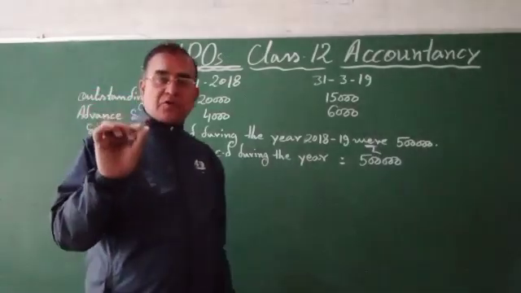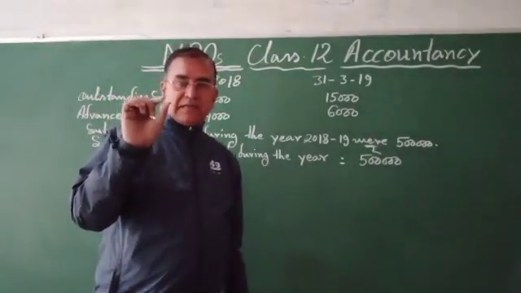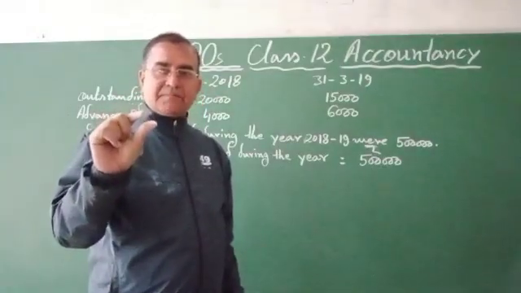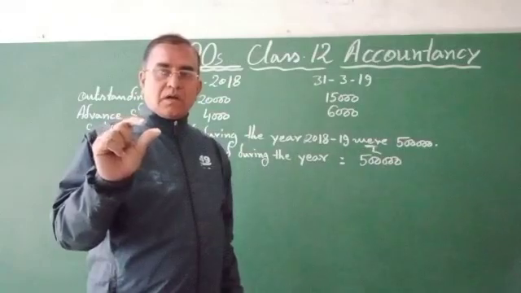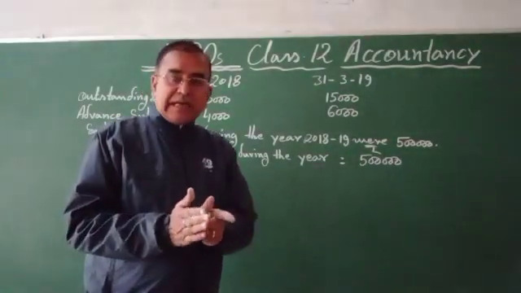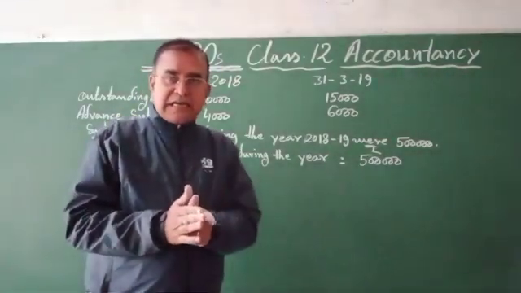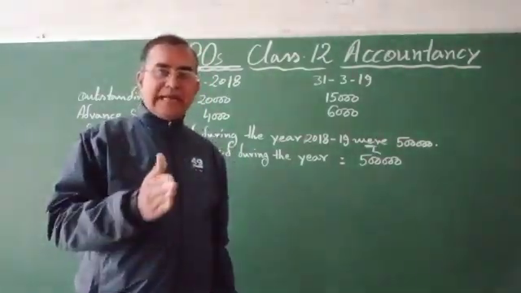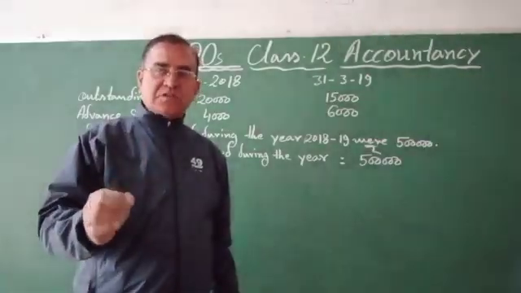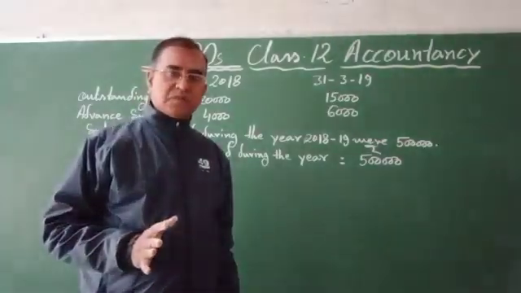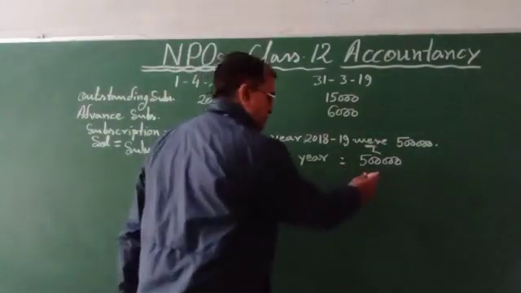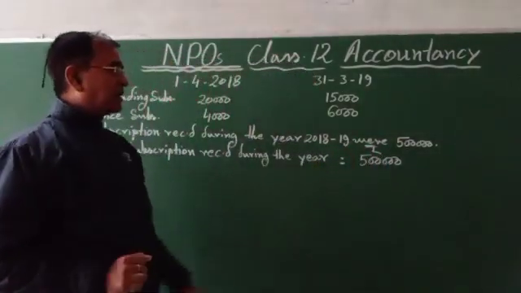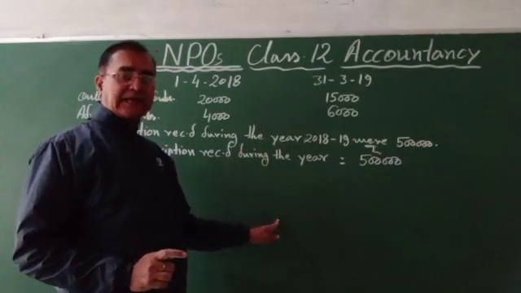The process will be taken into consideration, my dear. Now we have to calculate the actual income of the current year. How? Whatever income or subscription is related to the particular year will be added, whether it is dues or received. All the cash received by the organization is only 5 lakhs. So we have to add the subscription related to this particular year.